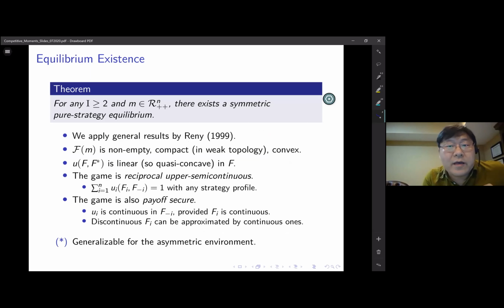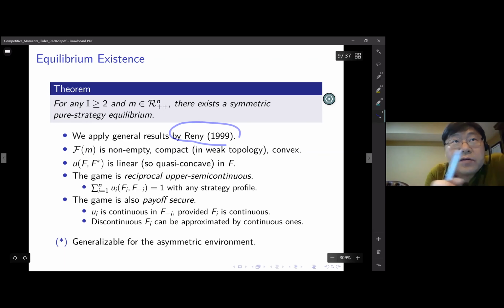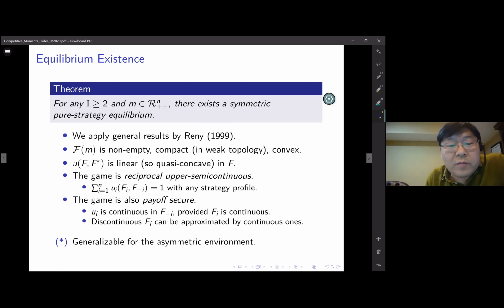Let me not get into the details, and let me just mention that this is a discontinuous game because players can choose any distributions, including the ones with atoms. But we still can get the general equilibrium existence using Reny's results, which turn out to apply beautifully to our game. Okay, so now we have the existence.